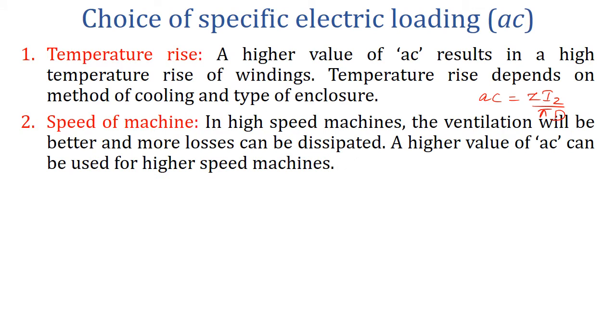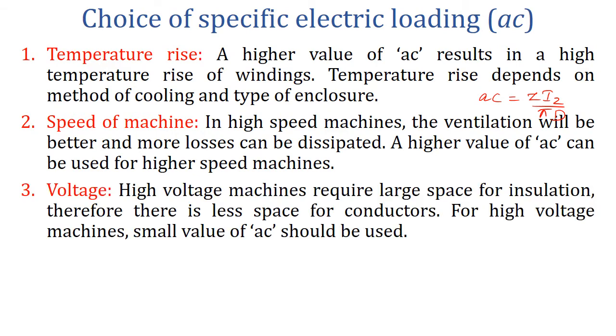Next is the speed of machine. If the speed of the machine is high, that is, for high speed machines, the ventilation will be better, so we can use a high value of AC. Next point, voltage. For high voltage machines, they require a large space for insulation, so there is less space for conductors.